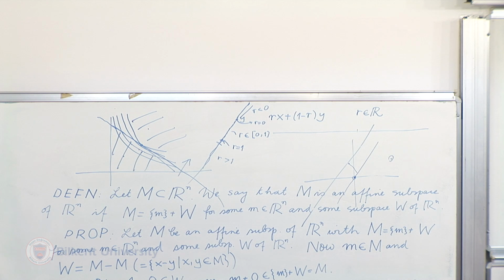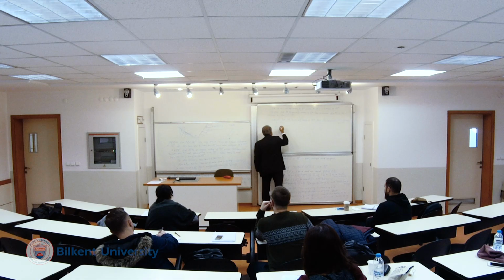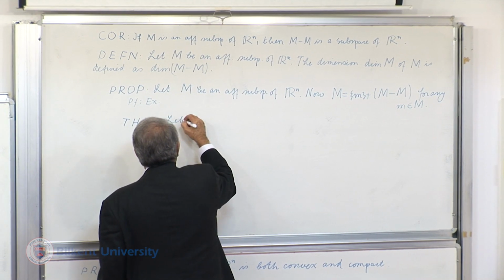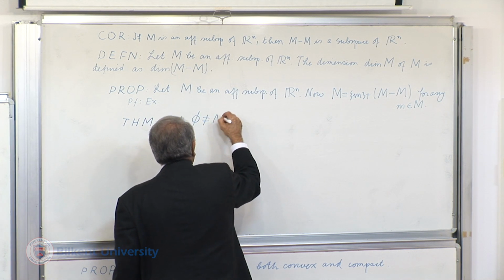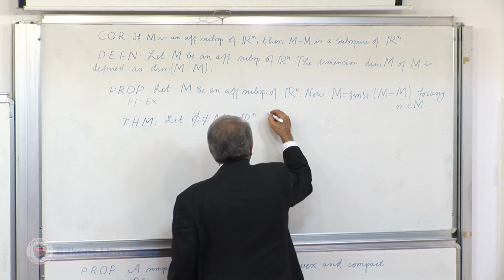But this is not peculiar to lines. This is peculiar to all affine subspaces. Now, our first theorem here is: let M be a non-empty subset of Rn.